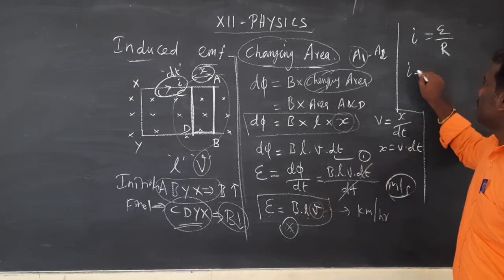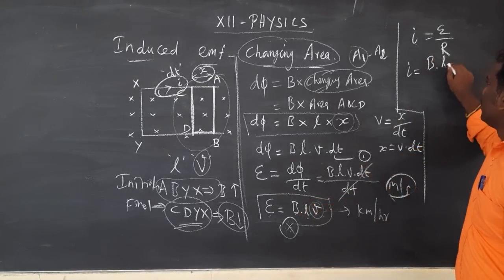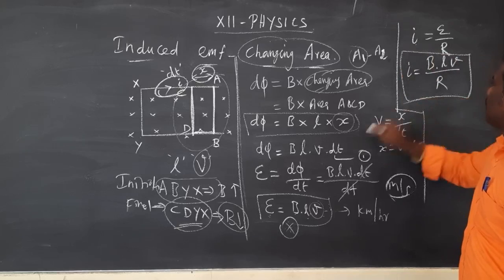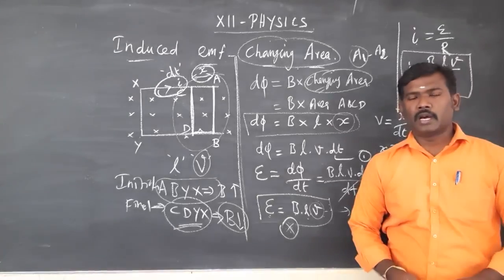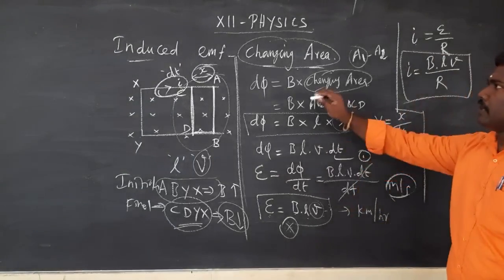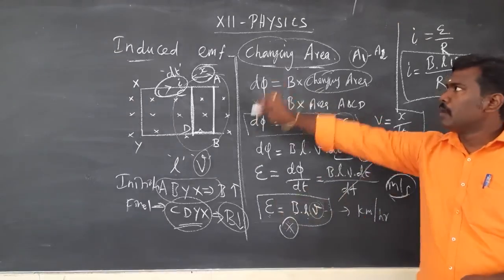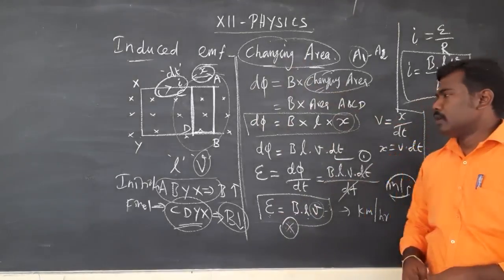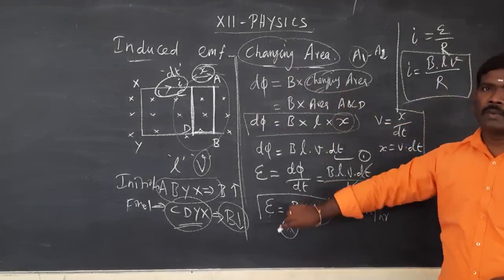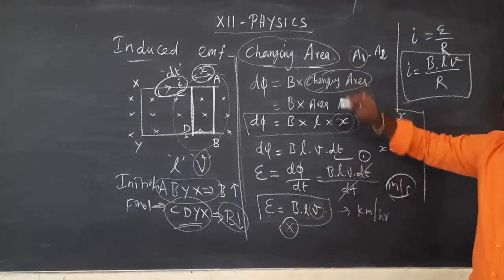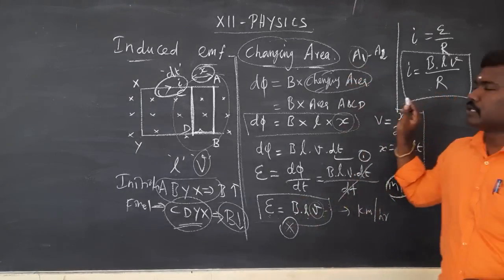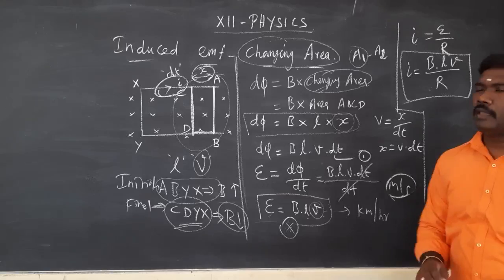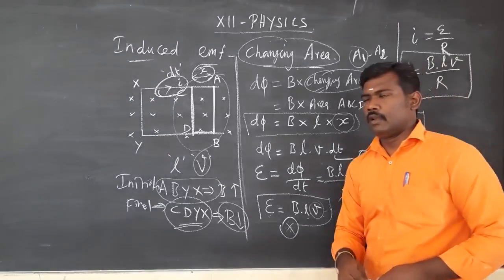Apply it here: I is equal to B L v divided by R. This is the formula for induced current produced in the closed rectangular loop by changing the area. So this is the induced EMF, and this is the formula for induced current, produced by changing the area enclosed by the coil.